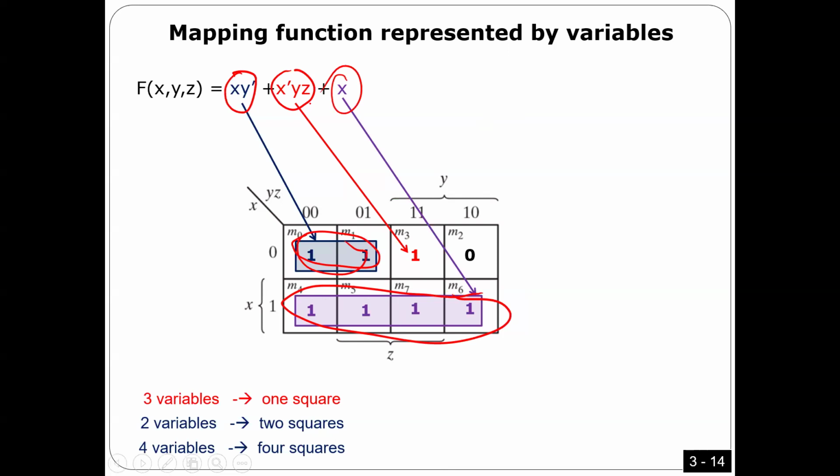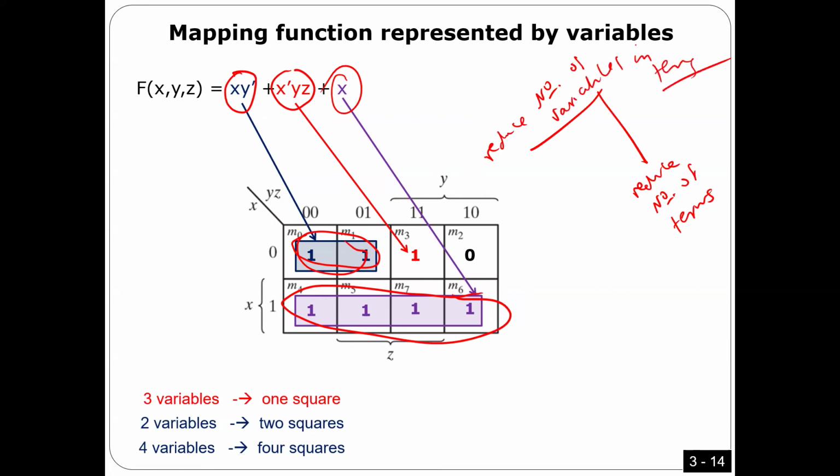So when you maximize the size of the groups, you actually reduce the number of variables in the terms. You got what I'm saying? This is the definition of a simplified function. A simplified function means two things: you need to reduce the number of terms, and you need to minimize the number of variables in the terms.